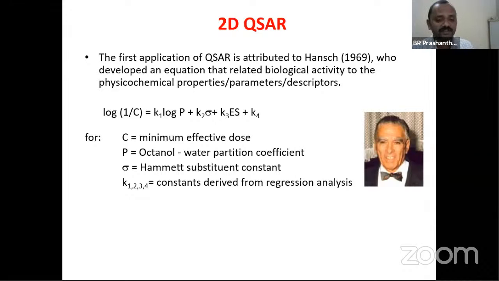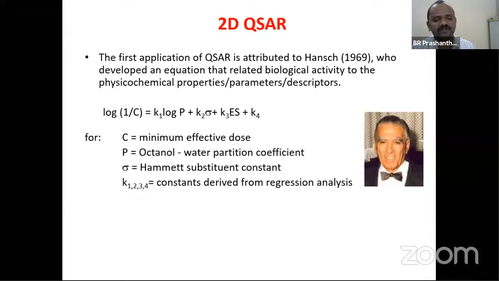So even before synthesis, with 2D QSAR itself we are able to design. Dear students and my dear colleagues, don't be under the impression that for designing drugs you need very sophisticated computers or software.